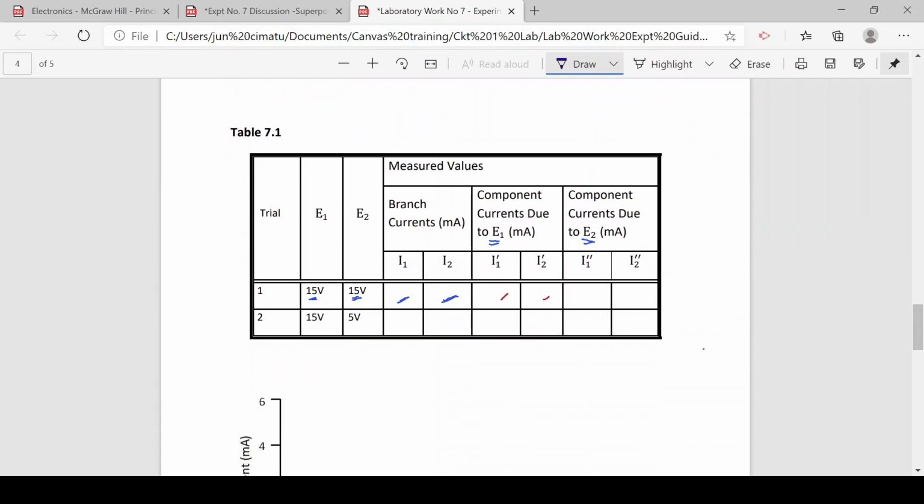So you will record here the reading of ammeter 1 and the reading of ammeter 2. These are the component currents due to E2. In trial 2, you would reduce the voltage of E2 to 5 volts.